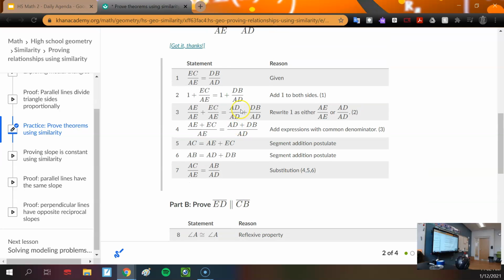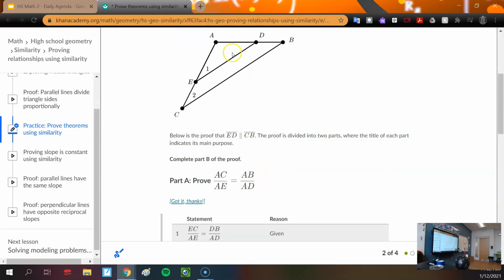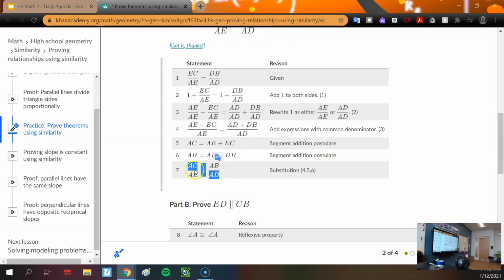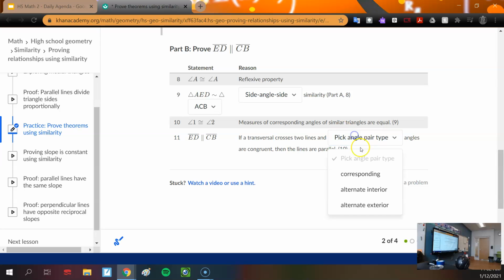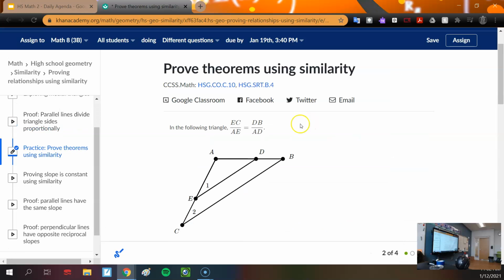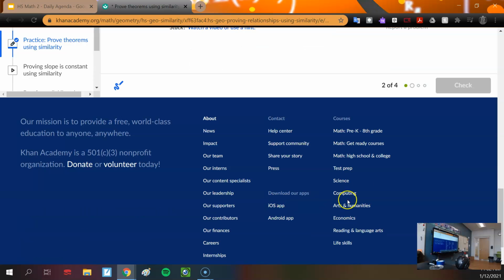Because up here, we proved the common ratios, and this is our comparison of big triangle to little triangle. AC to AE, big triangle to little triangle. So what would these angles be to each other? Corresponding.